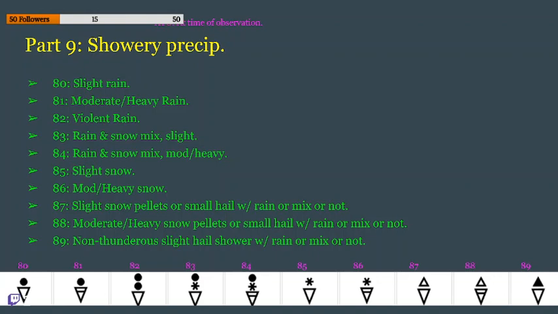And then you have your chocolate shaped ice cream, which I cannot possibly imagine this sign being used, and I'm not kidding here, because get this. Non-thunderous, slight hail shower with rain or not. What?